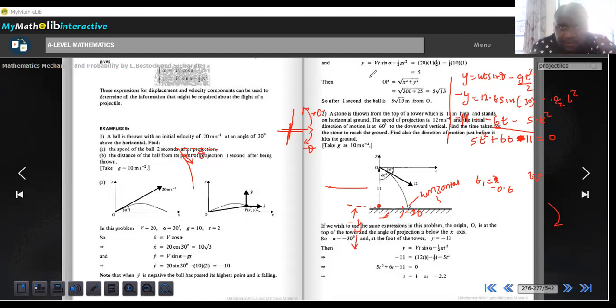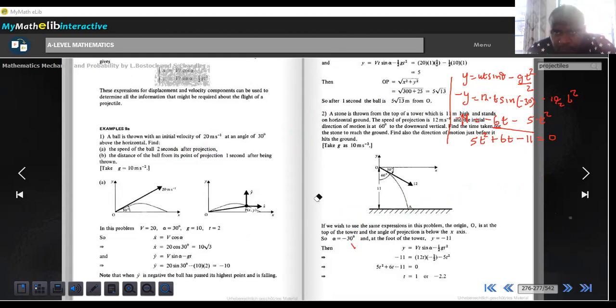So can you change it? 1 and negative 2.2. So t is 1 and t is negative 2.2. But this is discarded. So the time is 1.